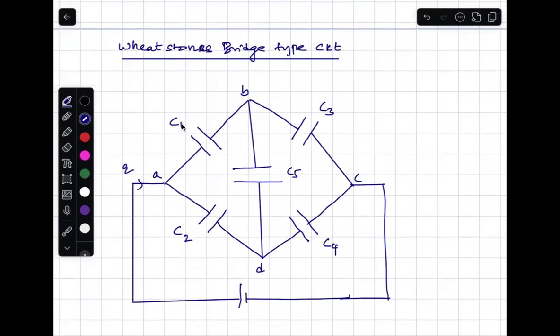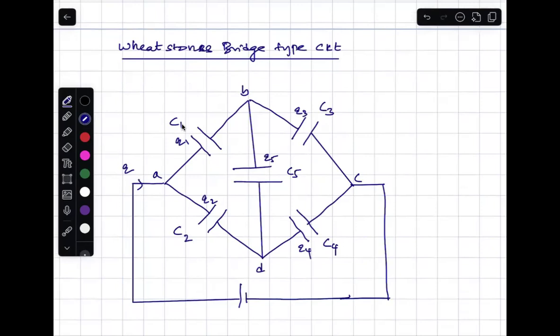Q1 is the charge over here, Q2 is the charge over here, Q3 is the charge over here, Q4 over here, and Q5 over here.